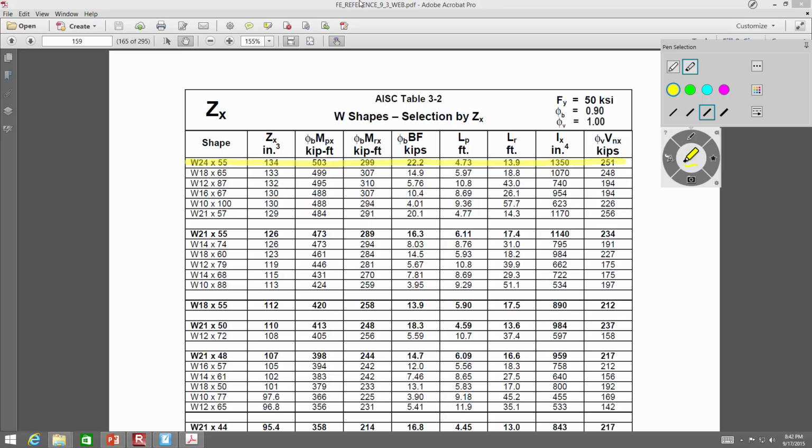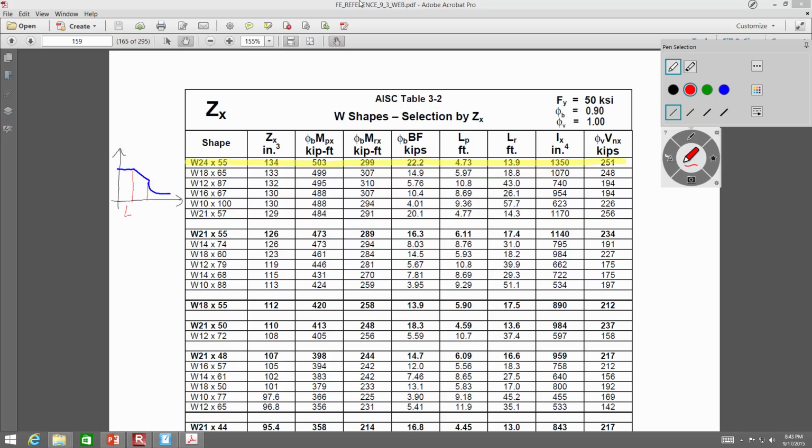So let's see if I can draw my LTB curve out here. I know it's going to be small. So it's like that, and like that, right? Remember those terms down below?